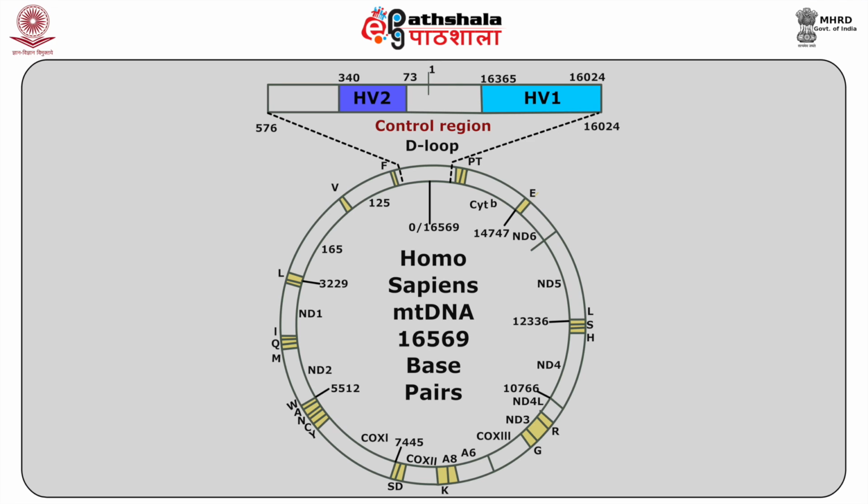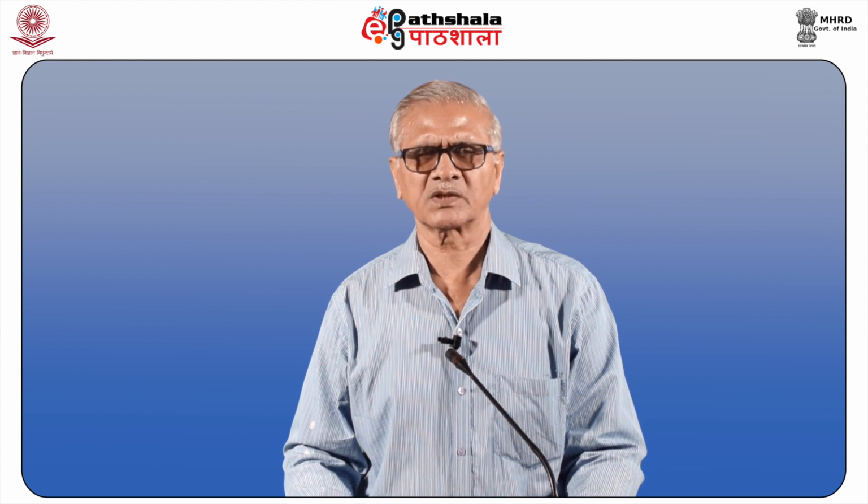Mitochondrial DNA has about 16,569 base pairs and 37 genes in humans that code for products which are used in cellular energy production or oxidative phosphorylation. It also contains a 1122 base pair region which does not code for any product and is known as the non-coding region.